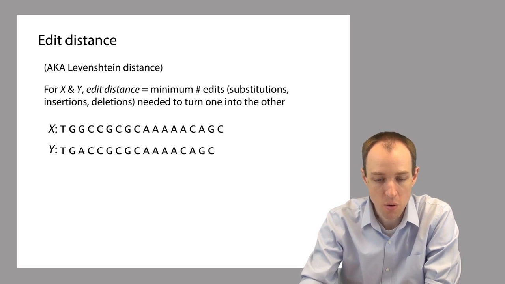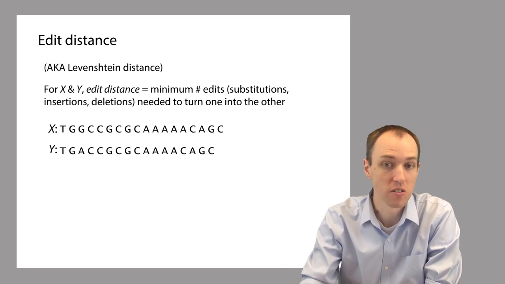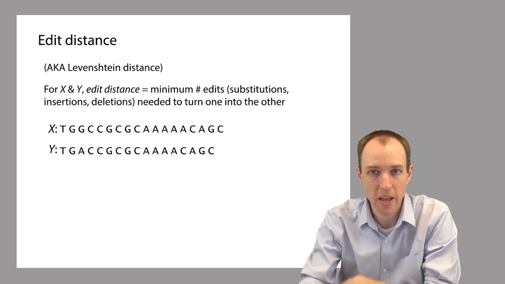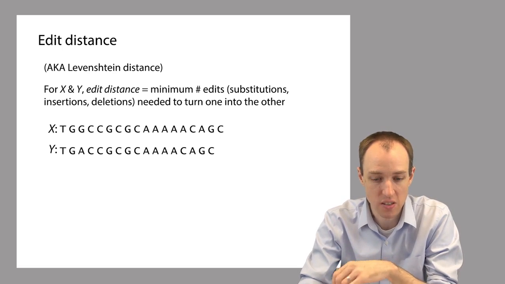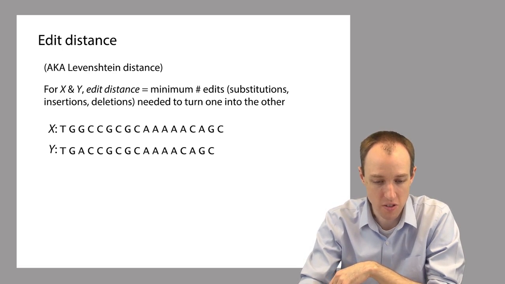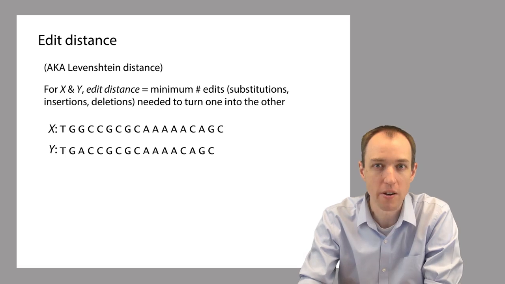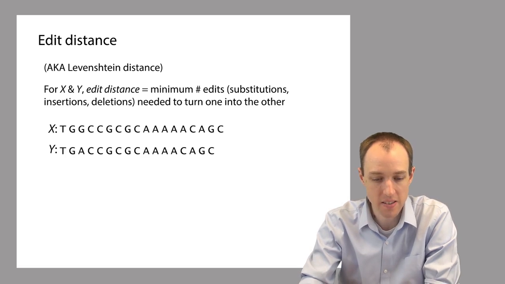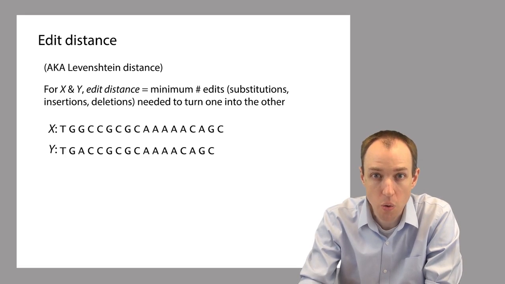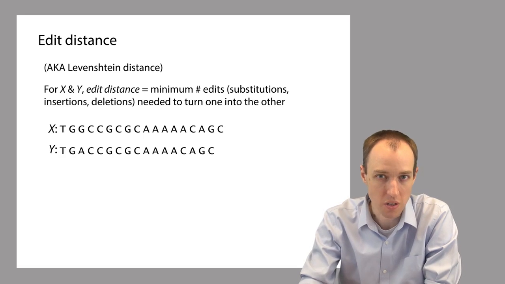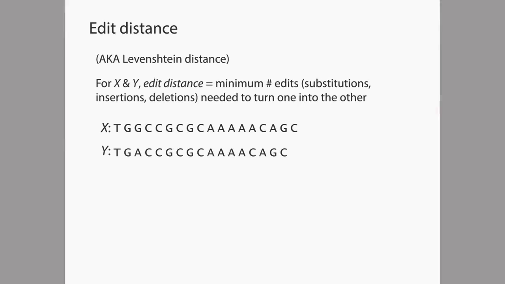First of all, we're not limited just to substitutions in this case. With edit distance, we have the option of using insertions and deletions as well as substitutions. The second difference is that x and y are no longer required to be the same length for edit distance. This makes sense because the only way we can make one string longer or shorter is by using insertions or deletions.